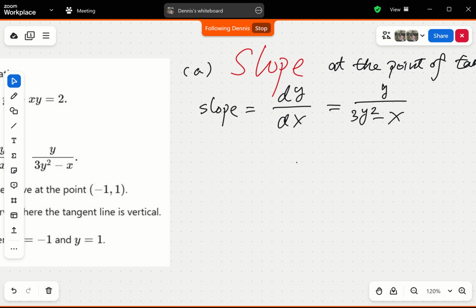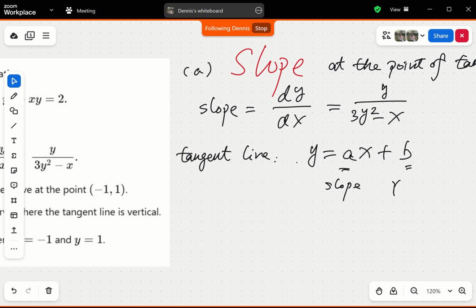So let's say that the equation of the tangent line is y = ax + b, where a is the slope of the tangent line and b is the y-intercept.